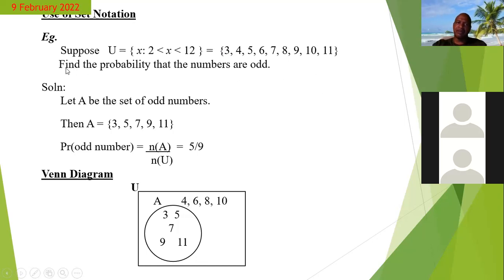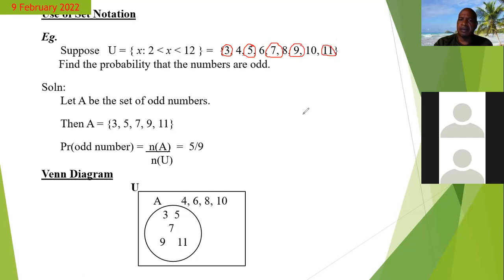All right. So if you are to find the probability of an odd number from this set, what you would have to do is pick out all the odd numbers in this set. What are the odd numbers? If we circle them, we have 3, 5, 7, 9, and 11.